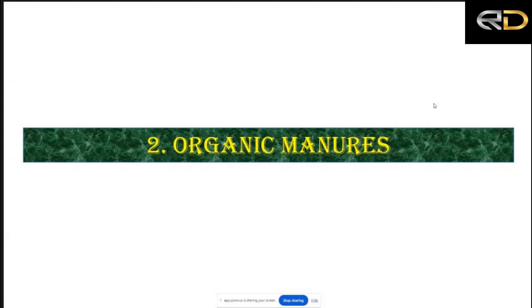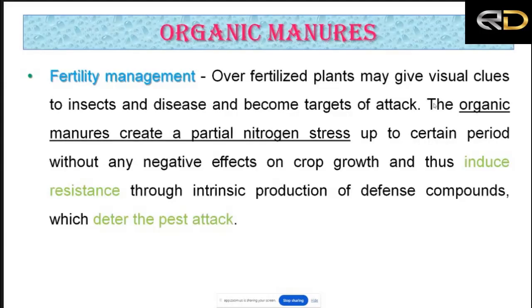Number two is organic manures. Organic manures means any of the waste products that we are getting and applying in the field. It consists of vermicompost, compost, and many other things which we can apply.